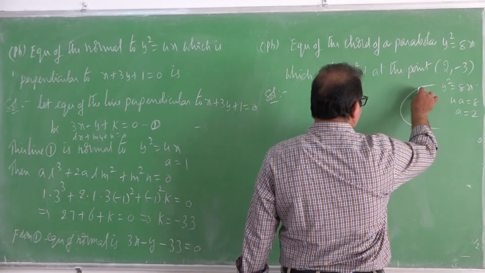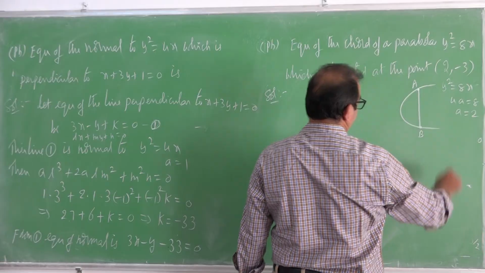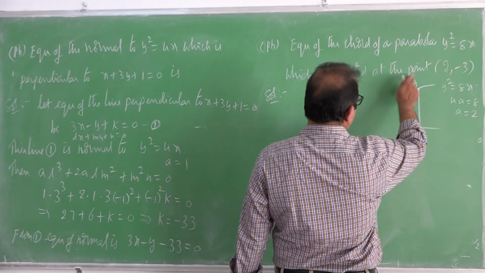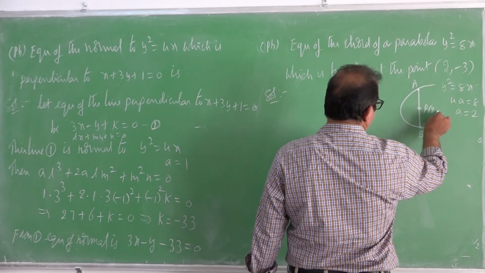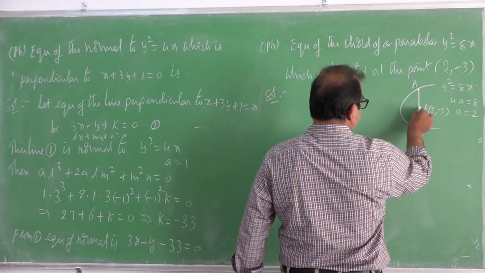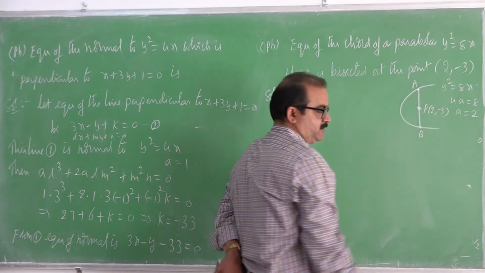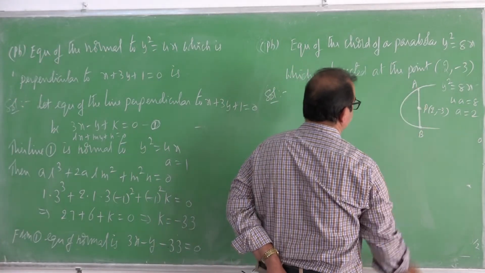Chord means it is the line segment joining any 2 points. This is the chord of the parabola. The chord is bisected at the point. Let the point be P. Chord is bisected means this P is the midpoint of the chord. P is the midpoint of AB.